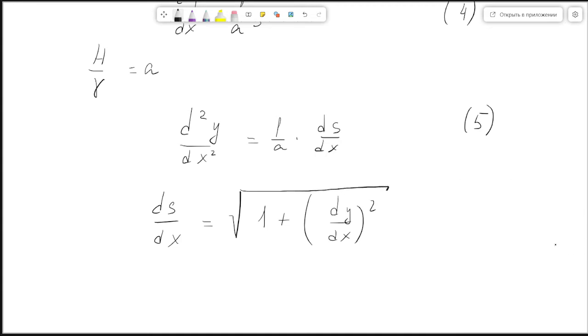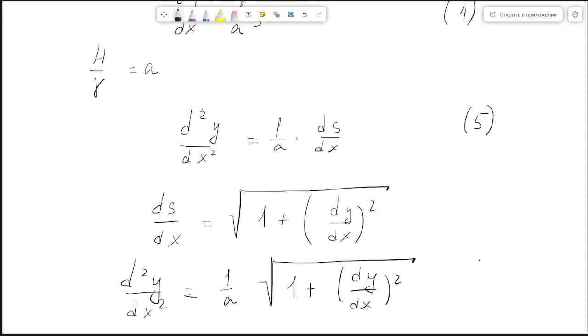It is the derivative of the length of arc. Substituting this expression into equation 5, we get the differential equation of the sought-for curve: d squared y over dx squared equals 1 over a times this square root. Formula 6.